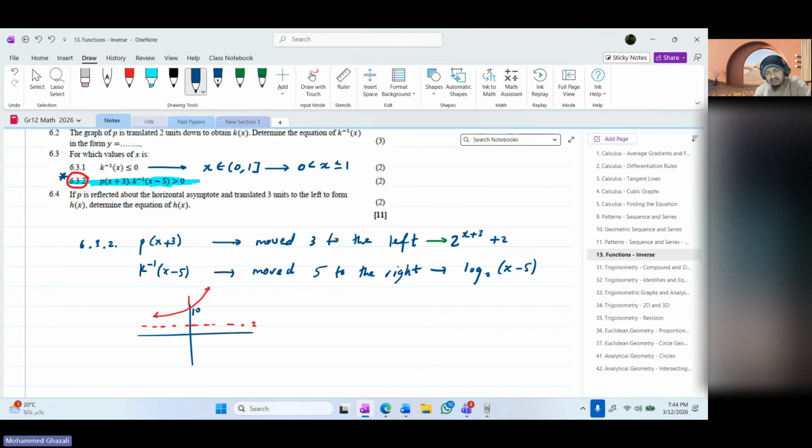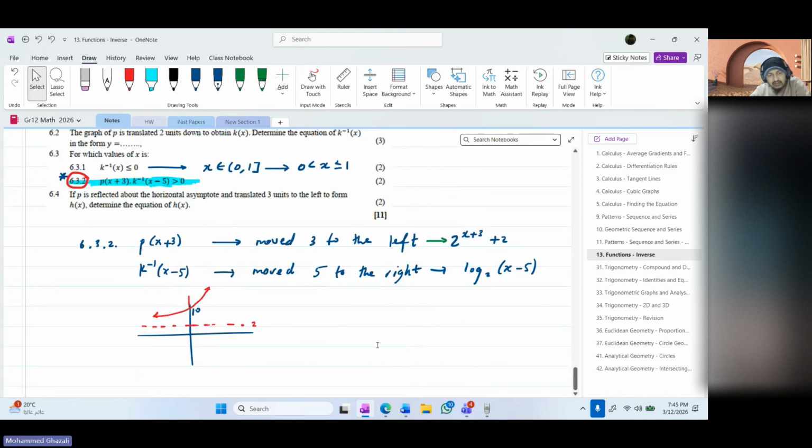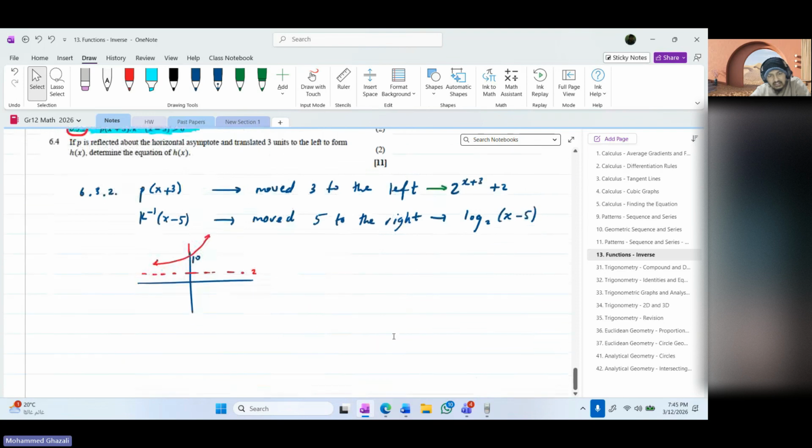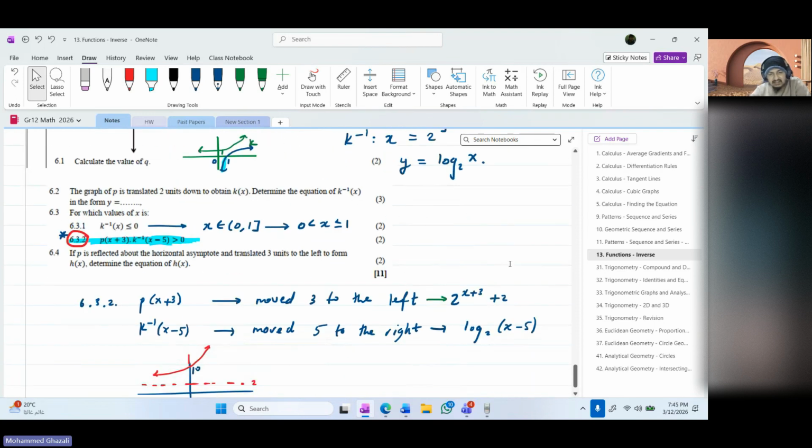This x - 5 means this graph of log x was moved 5 units to the right. So it was intersecting at 1, now it's intersecting at 6.